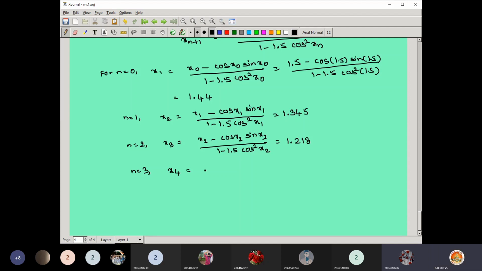So 1.089. More different. So better you go for the next value, n equal to 4, so that x5. Tell me, go for the next value, x5. So 1.019. 1.089.